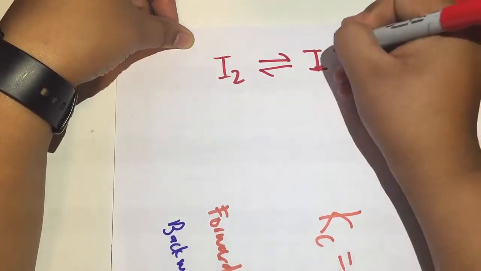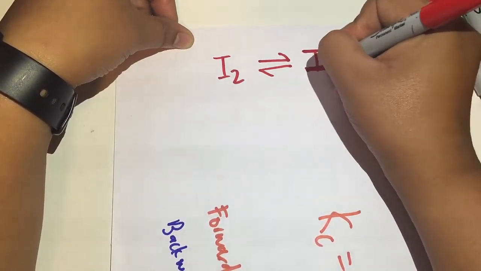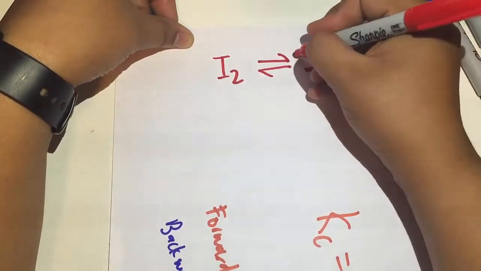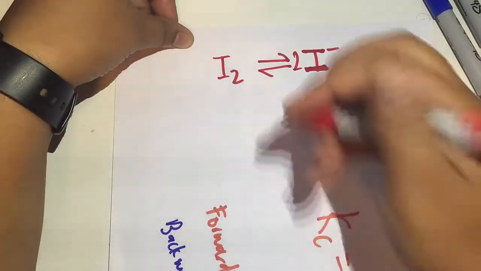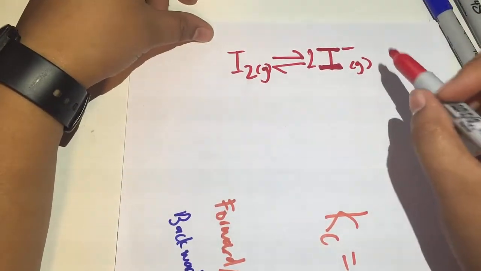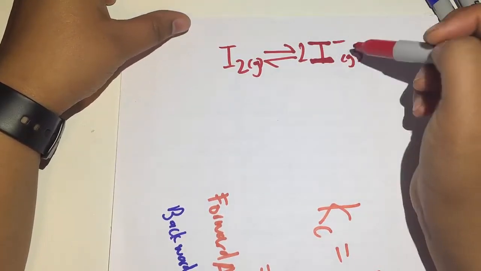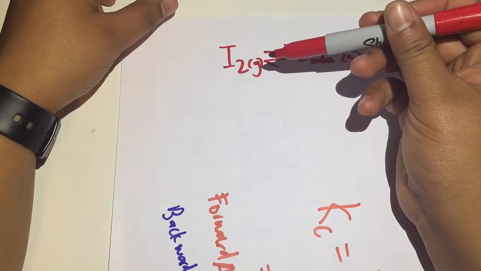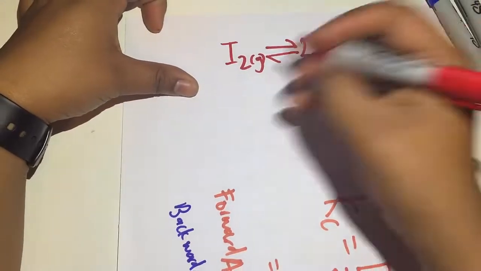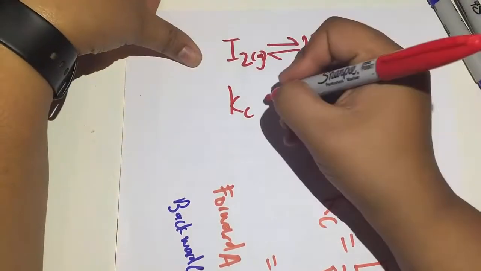It can become I- quite easily, but in order to balance that out, we need a 2 in front, and these tend to be gases. And because it's a reversible reaction, we can either have I2 forming I-, or that I- then going back and turning into I2.